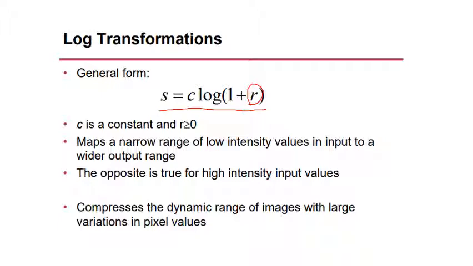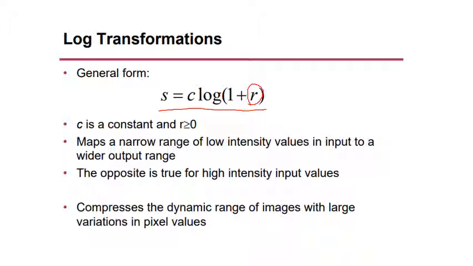If it is in the range 0 to L by 4, the output range is from 0 to 3L by 4. However, the higher values of the input levels are made a narrower range in the output. So if the input range is lower, it is stretched to a higher range, and if the input range is higher, it is stretched to an output range that is lower.